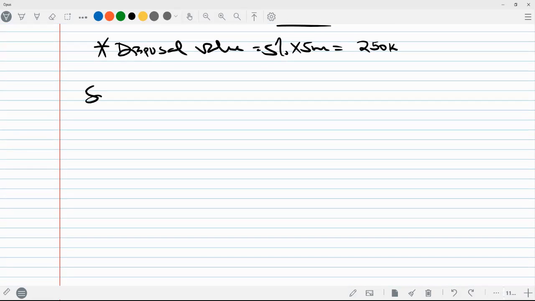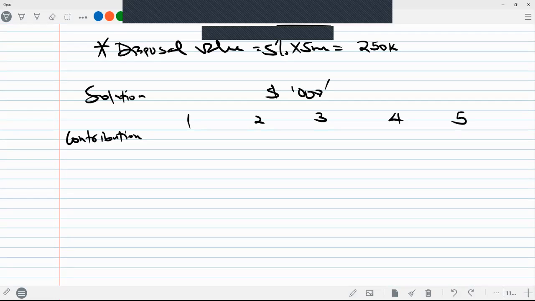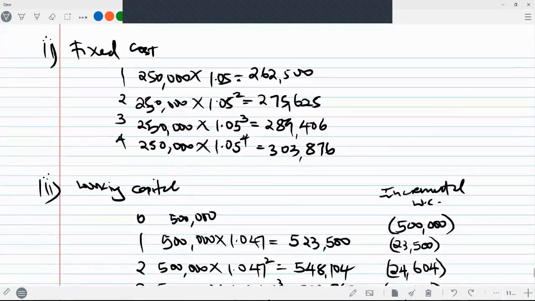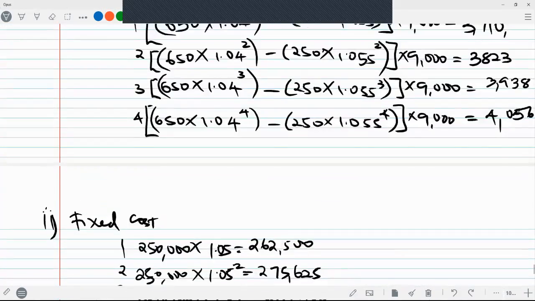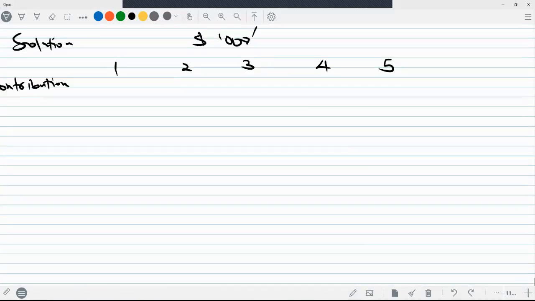Then I can draw the solution here. Okay, year 1, year 2, year 3, year 4, and you're paying tax in arrears, therefore I add year 5. Let me have them in thousands of values here. So contribution. Contribution for year 1, we have done that working already. Contribution was 710.